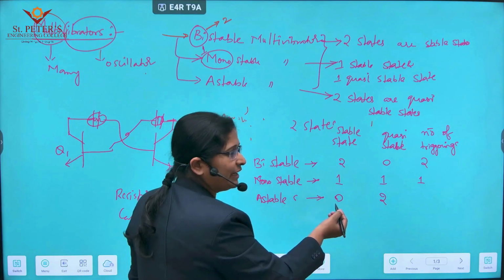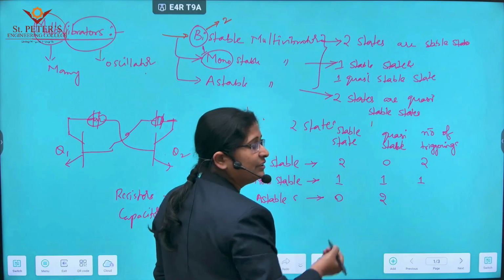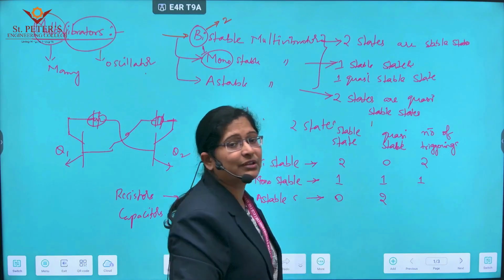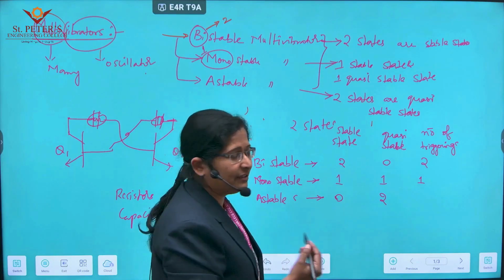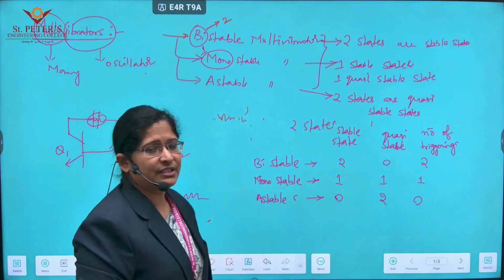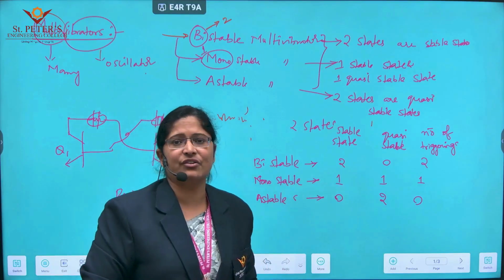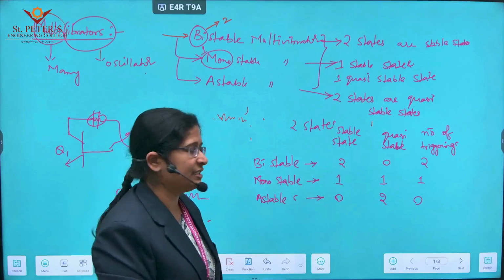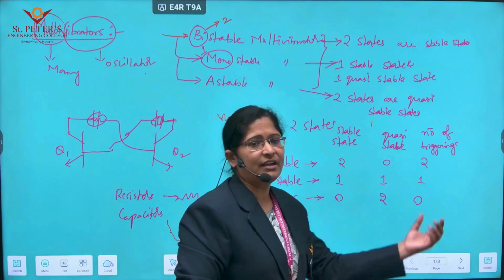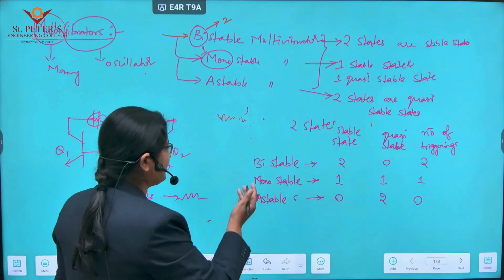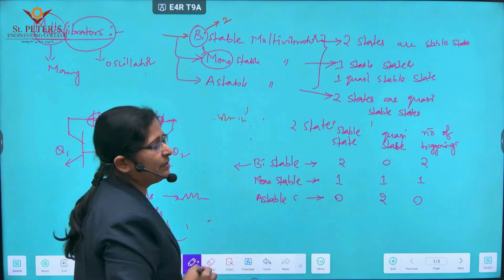As we don't have any stable states, we need not apply any external trigger, because both are temporary states. It automatically changes the state, so the number of triggerings required is 0. This is the basic classification of multivibrators with regard to the number of stable states, quasi-stable states, and triggerings required.